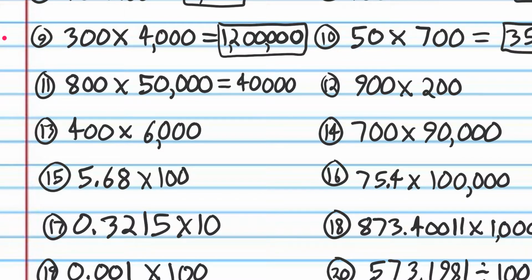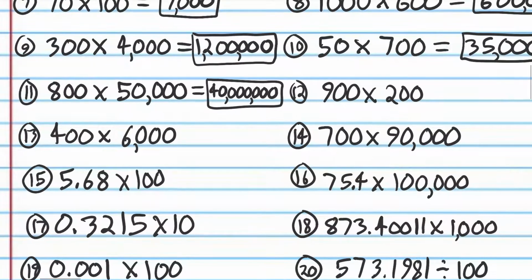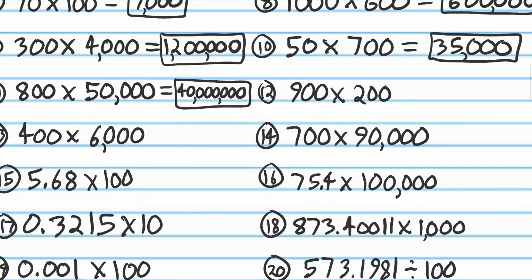We'll run out of room here, so I need to shrink that. And then put our commas in. Turns out 40 million. So if you got 40 million, good job. That one was a little tricky because, again, this 0 is not part of those zeros that we counted. That came from 8 times 5, which is 40.